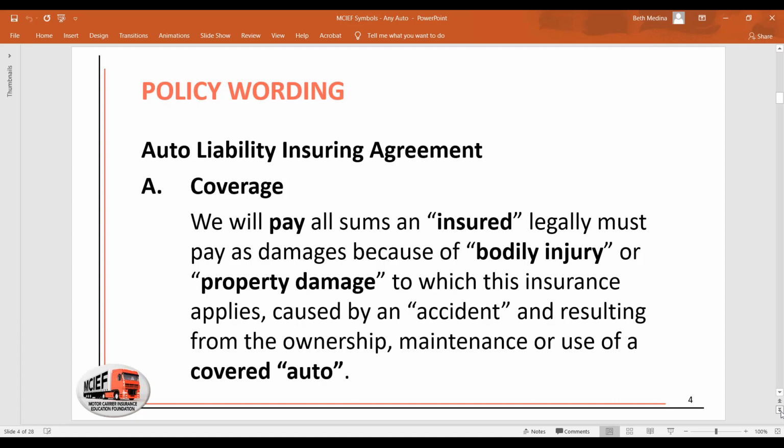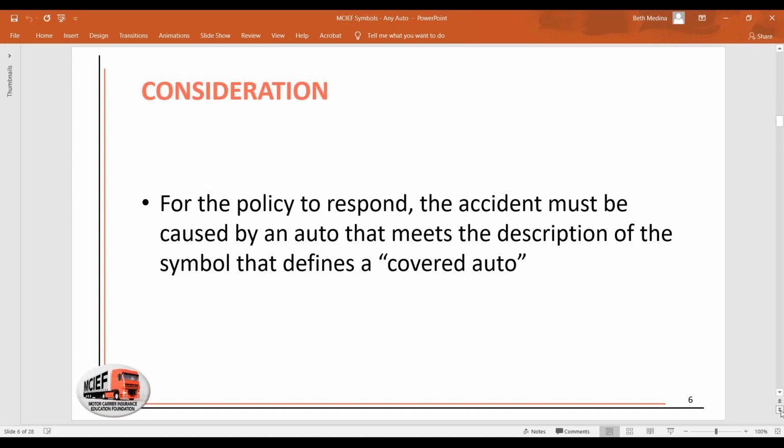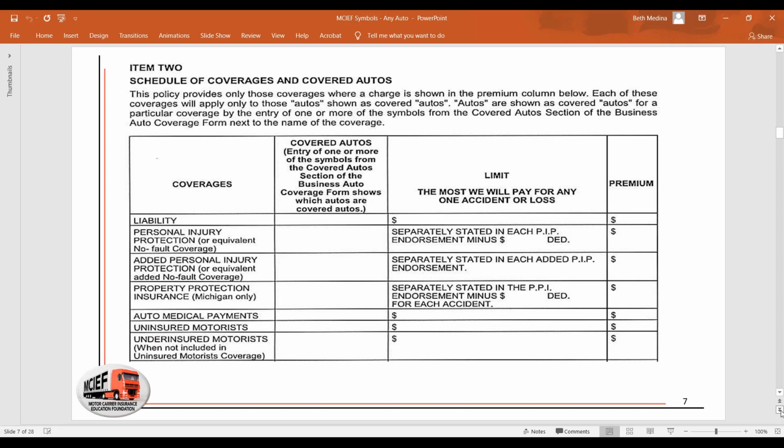So we're going to look at the covered auto symbols, and what a covered auto is. It starts with the numbers listed in item 2 of the dec. For the policy to respond, the accident must be caused by an auto that meets the definition of the symbols that define a covered auto. And this is where we find this wording. Item 2, schedule of coverages and covered autos.